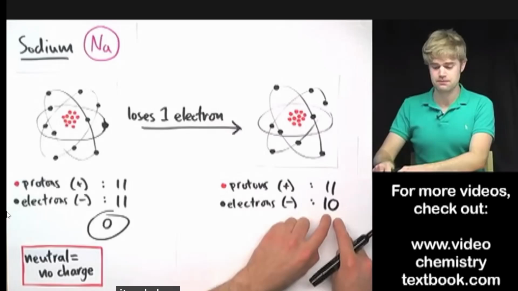You can write it as 1 plus, you can write it as plus 1, or if it's a 1, you can just write it as a single plus. A chemist, like me, will know if you only write plus, you mean plus 1. For now, it's probably easiest if you write plus 1, because that makes the most sense and will keep you on track.